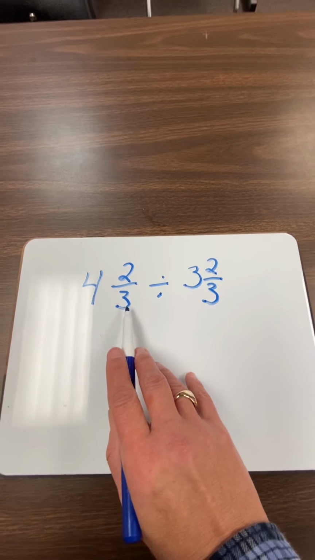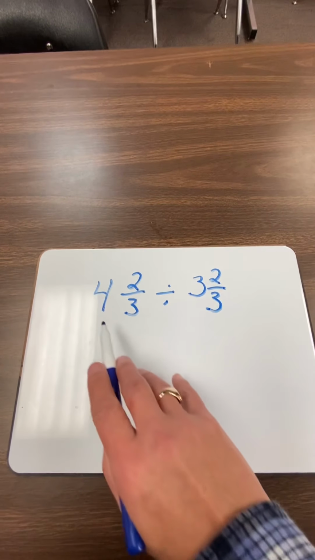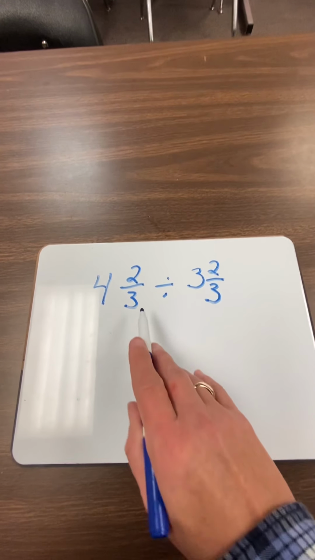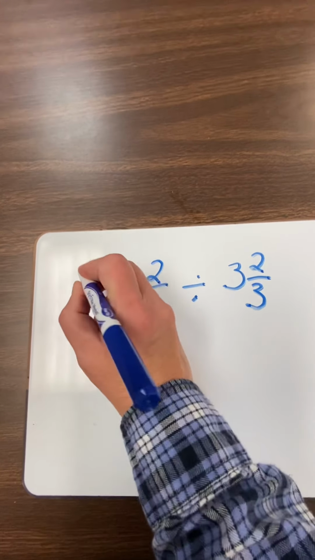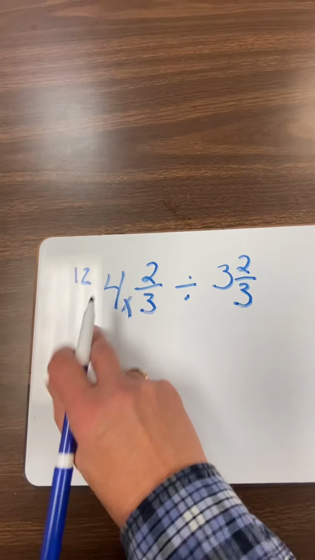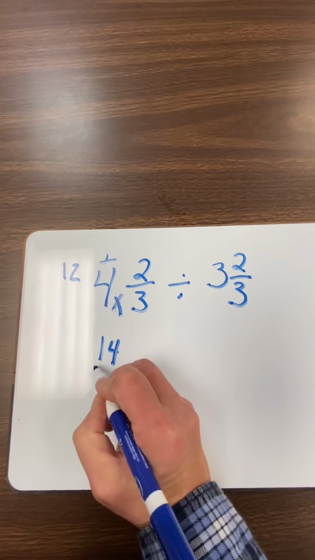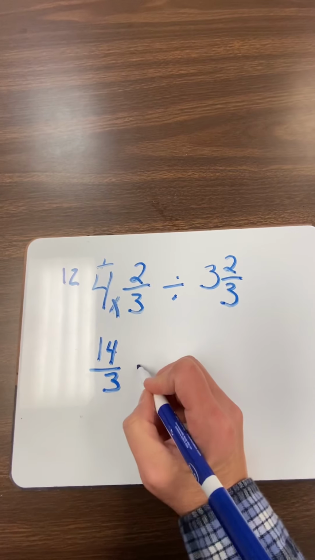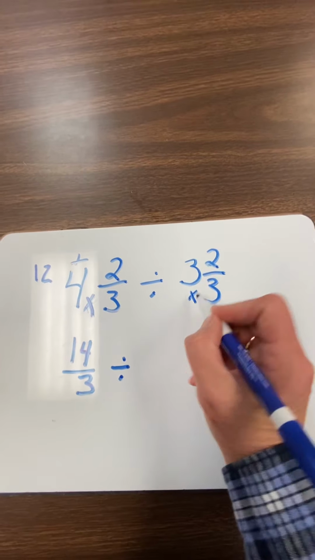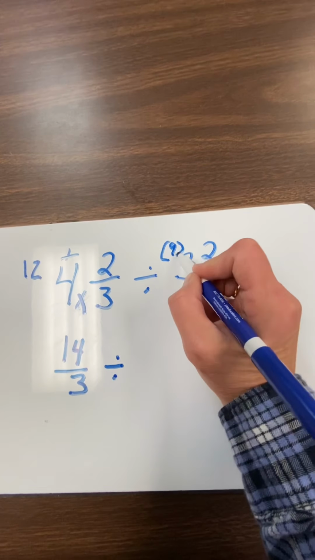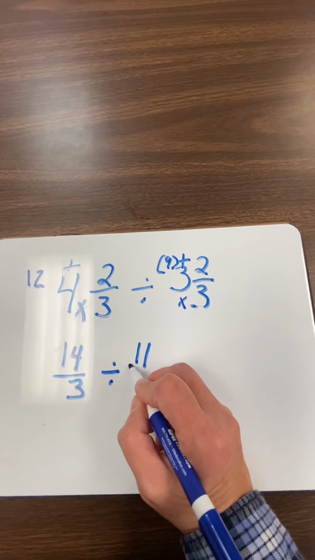Let's look. Let's remember, a mixed number has to go to an improper fraction. To do that, 3 times 4 is 12. Then 12 plus 2 is 14, so 14/3. Divided by 3 times 3 is 9. 9 plus 2 is 11, so 11/3.